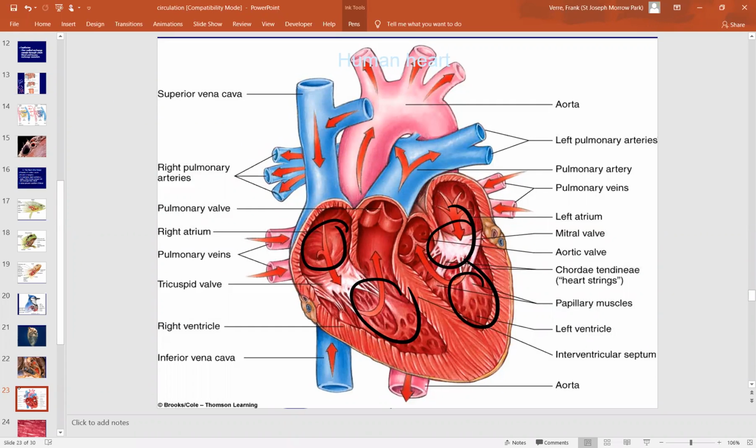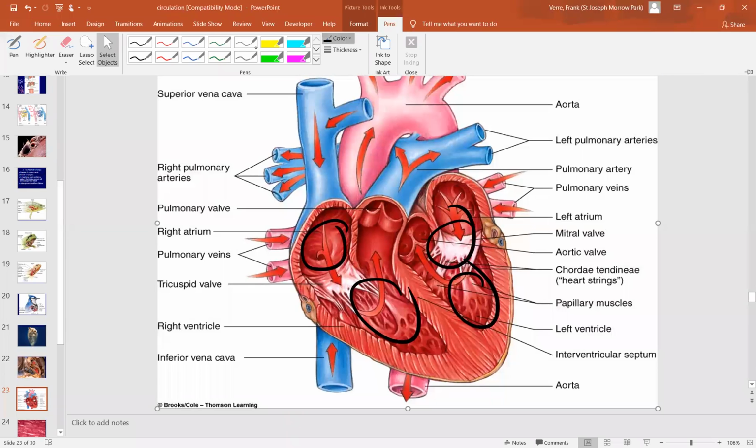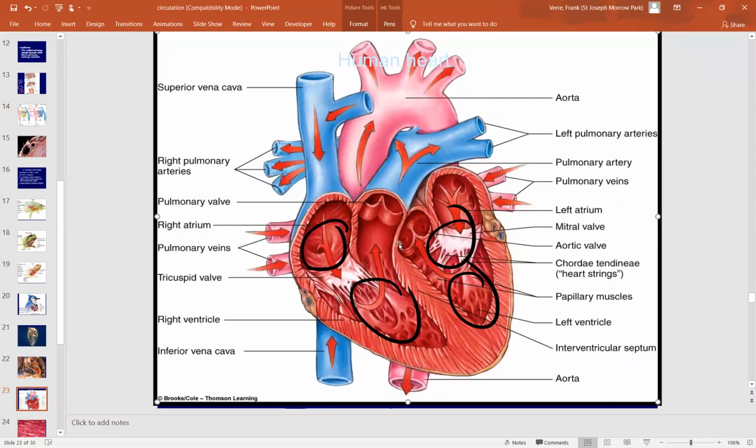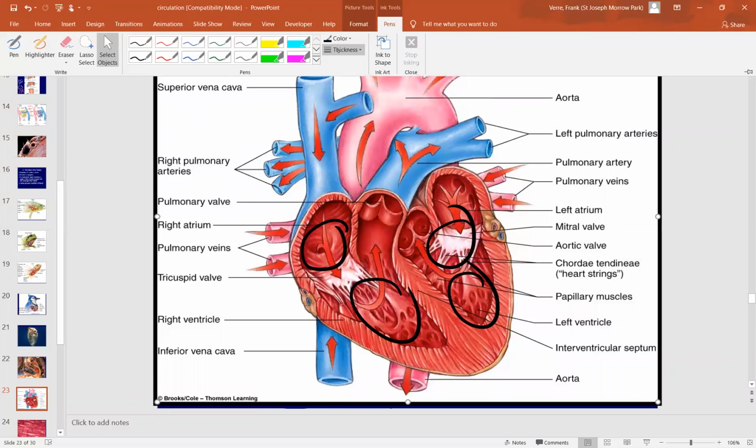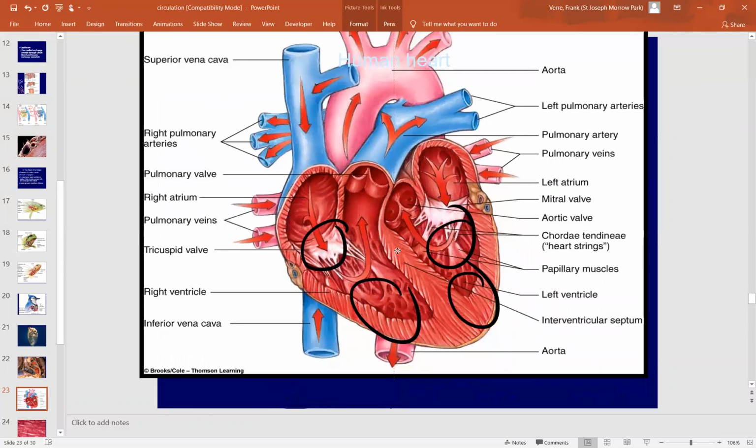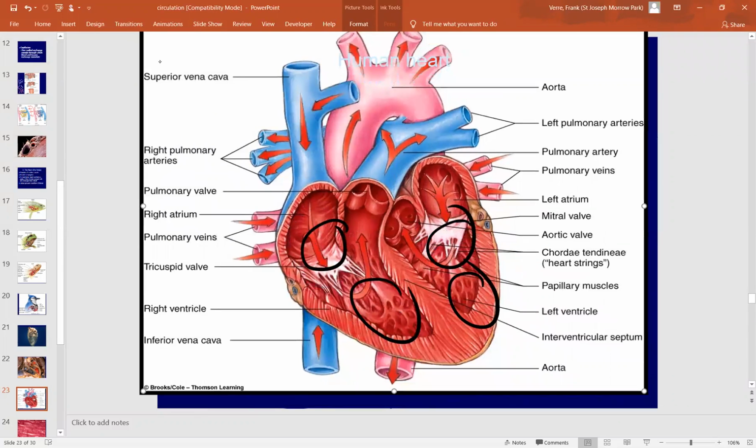For example, you'll notice that the heart also has a wall in between. So you can see that right here. Okay, there's a big wall right here that divides the heart.